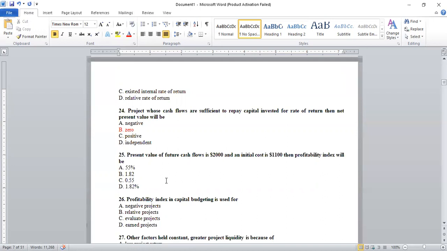The profitability index is obtained by taking the present value of future cash flows, which is 2,000, divided by the initial investment or initial cost, which is 1,100, and we get 1.82.